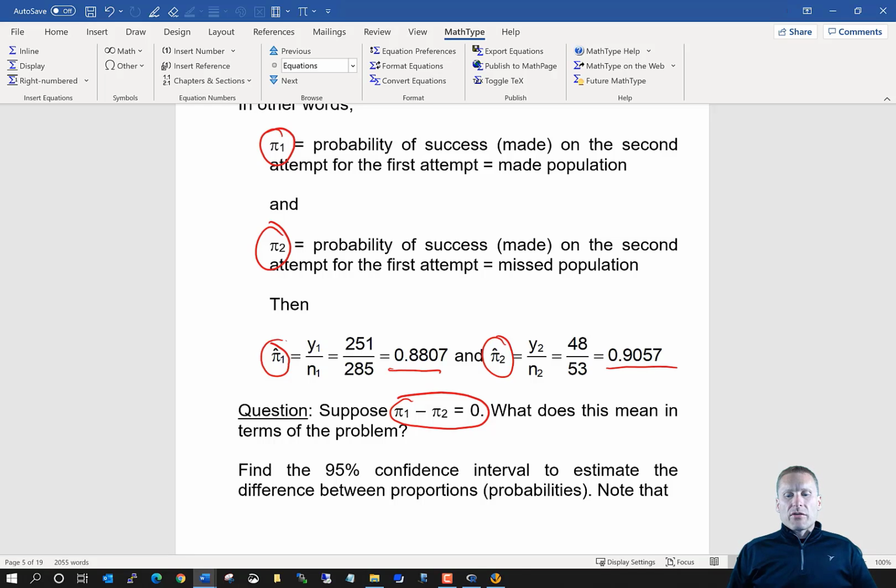I might be foreshadowing some stuff coming up, so I'm going to delay the rest of that discussion for a little bit later.